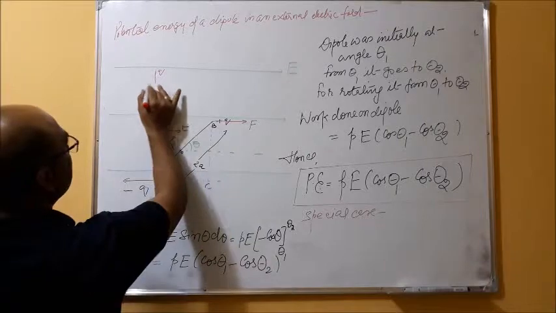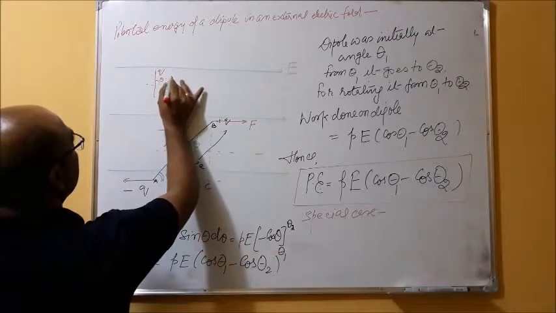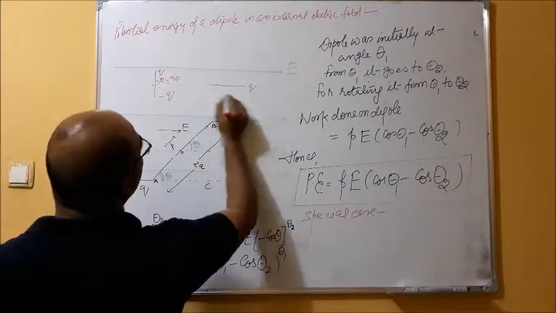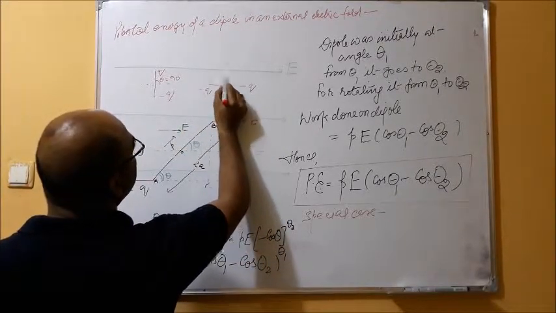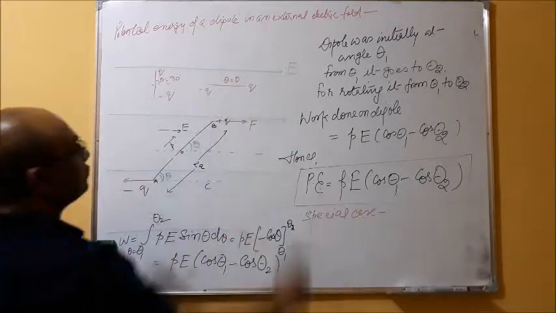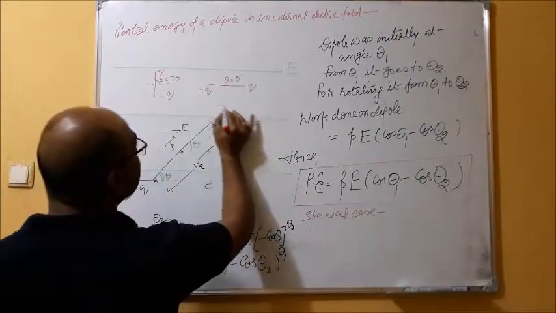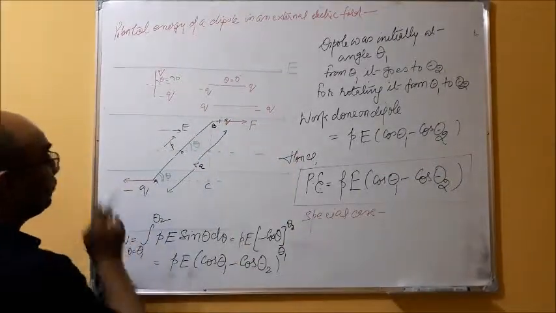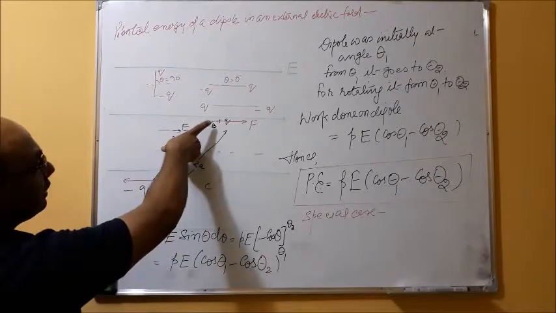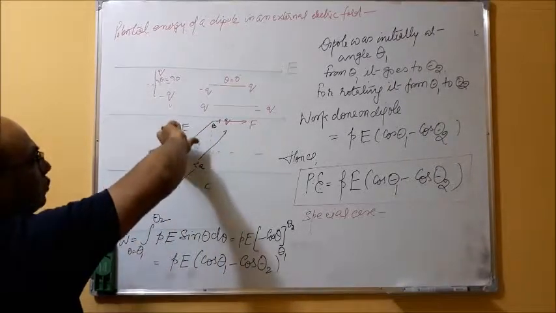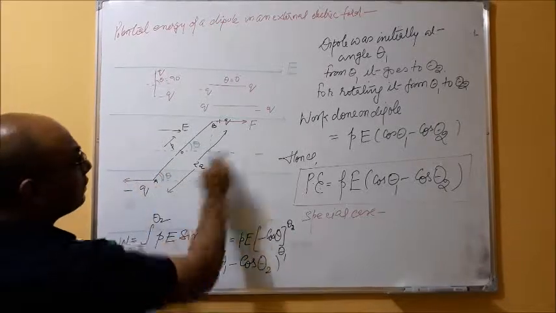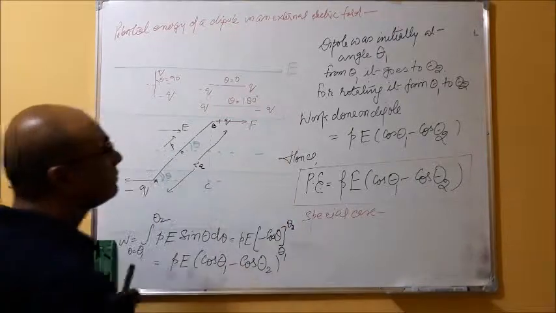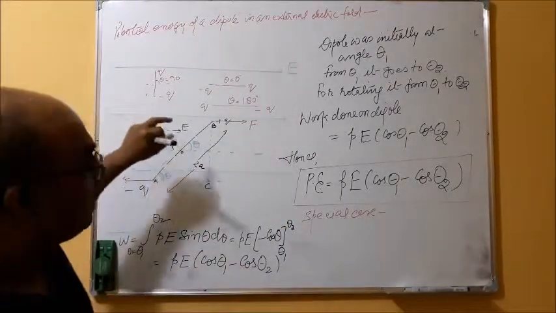In this position, the angle theta will be 90 degrees. And if it is like this, q and minus q along the field, then theta will be 0 degrees. If this is q and this is minus q, and I rotate it so that q comes here and minus q goes there, then in this case theta will be 180 degrees.